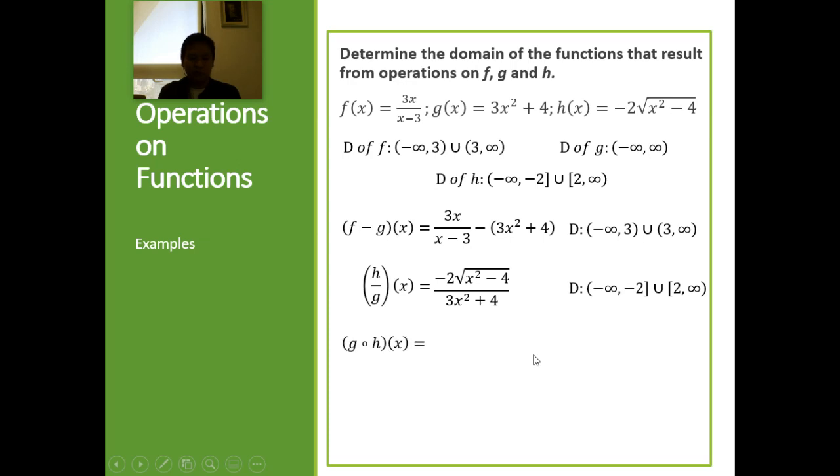And then for g of h of x, again, this one is a composition. Compositions are tricky because the domain of, in this case, h of x will give us outputs. And those outputs are going to be used into g.